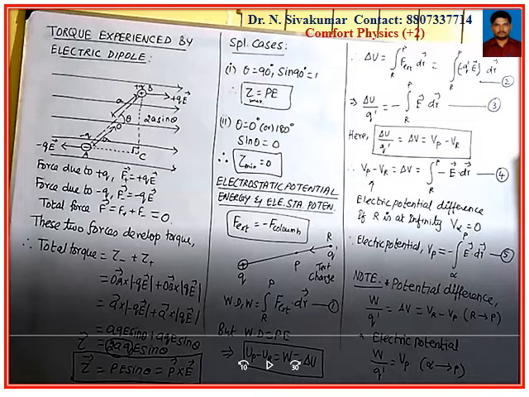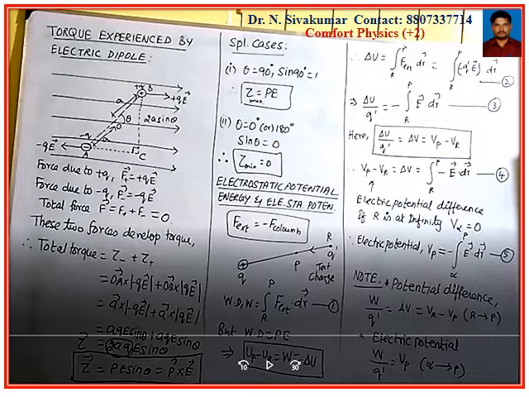So replace this W by delta U. So delta U is equal to the integral from R to P of F external dot dr. As we discussed earlier, this external force is nothing but the Coulombic force. This Coulombic force is minus Q dash into E, the force at point R due to the source charge.